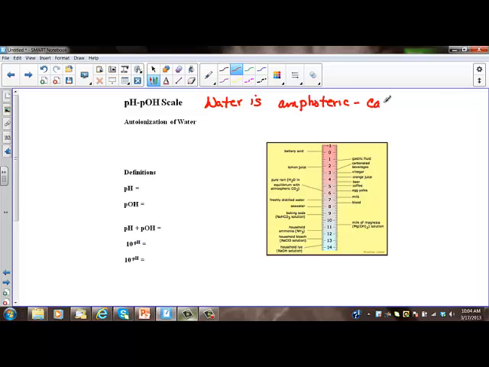So it can act as either an acid or a base. And water autoionizes. What that means is it can transfer a proton from one water molecule to another. So transfer of a proton.